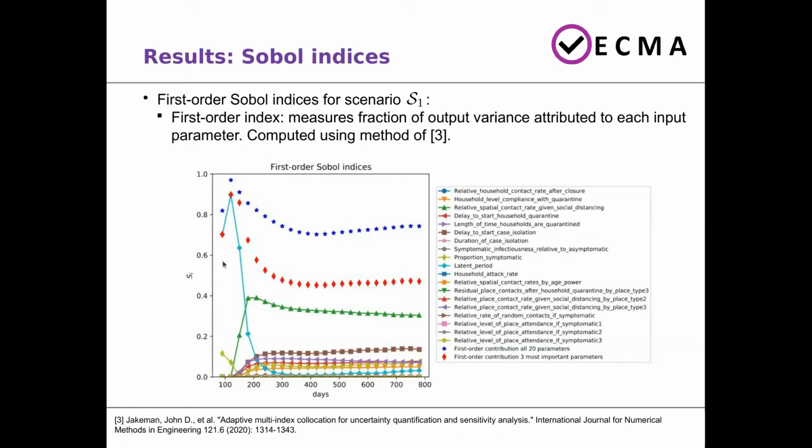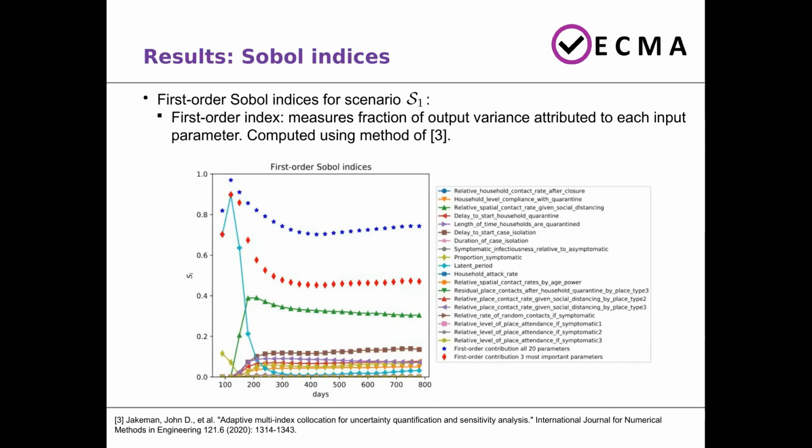And you can see that these change over time, so they're not fixed. In the beginning, the latent period is by far the most important, but pretty soon after, this gets taken over by this spatial contact rate parameter. And the thing to note here is that if you add them all together, the stars, by the way, if you add all these Sobol indices together, you get to 0.8.